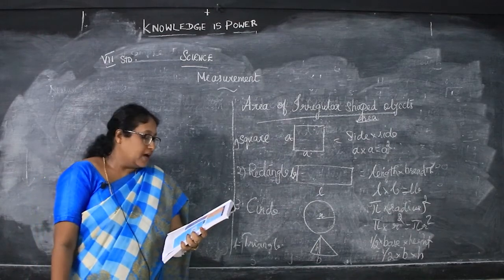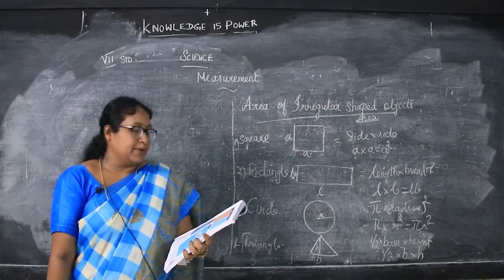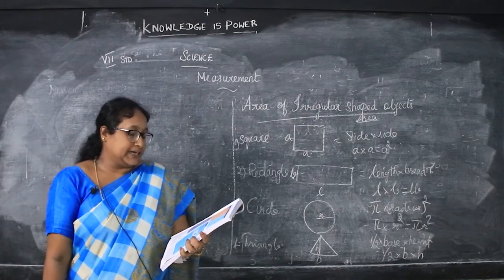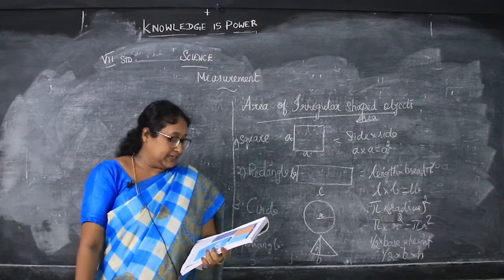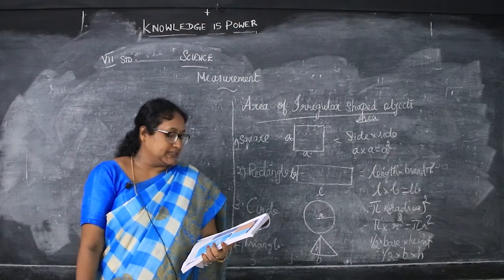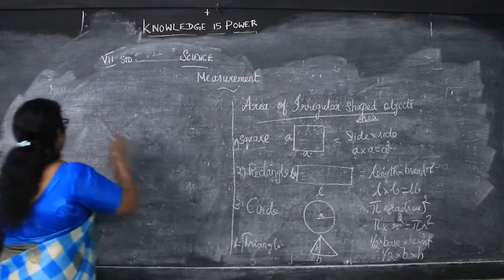First question, a rectangle whose length is 12 meters and breadth is 4 meters. Second, a circle whose radius is 7 meters. And C, a triangle whose base is 6 meters and height is 8. Now solution.